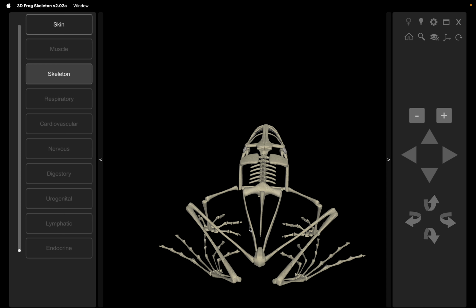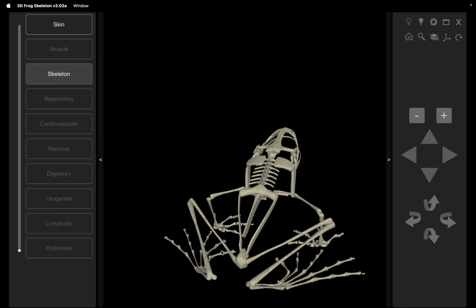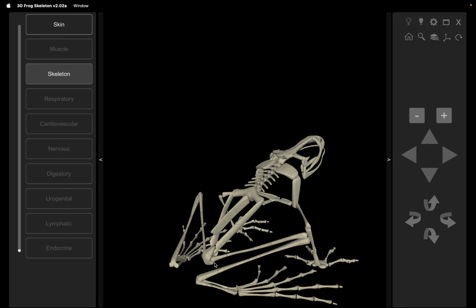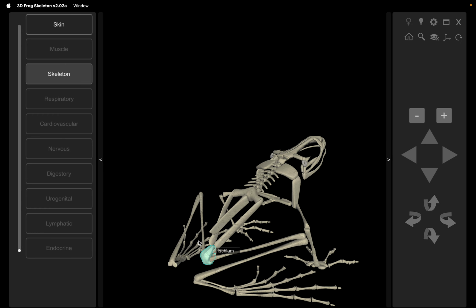The longest one you can see is the ilium, dorsal view. It's the most dorsal anterior long bone of the pelvic girdle. Then you have the pubis. Okay, it's more ventral.